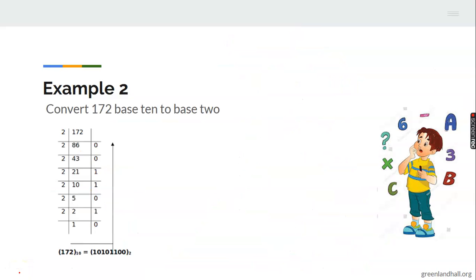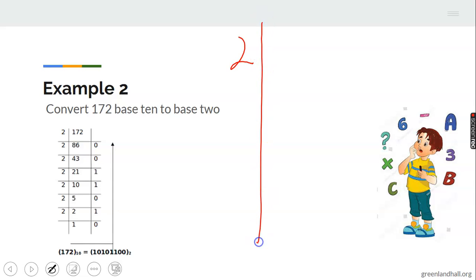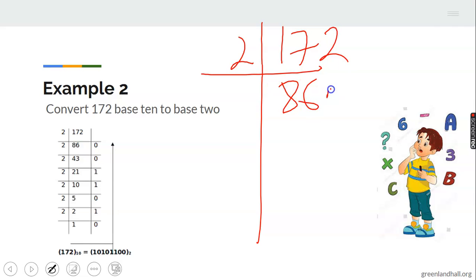These are further examples that you may want to lay your hands on using the same approach. Because of my slide, the numbers are large. 172, you keep on dividing. 2 goes in and that will give you 86. There is nothing remaining now, 0. 2 can go in 86. That'll give you what now, boys? 43, remainder 0. 2 can go in 43.